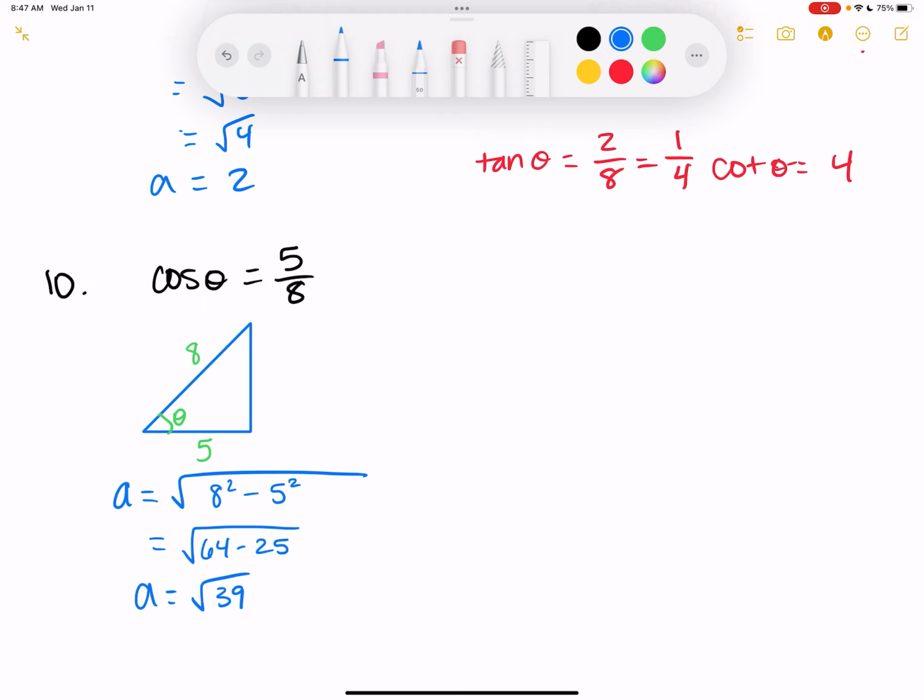All right, so now I know this side, so I can set up all my functions. Cosine was given to me, so I can just write that one in.